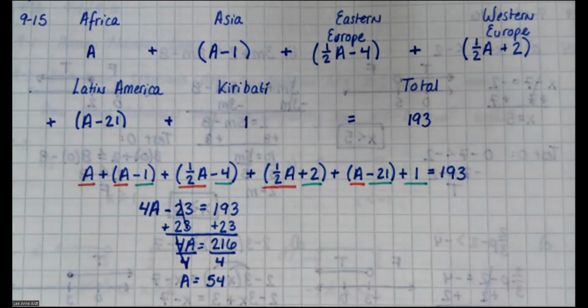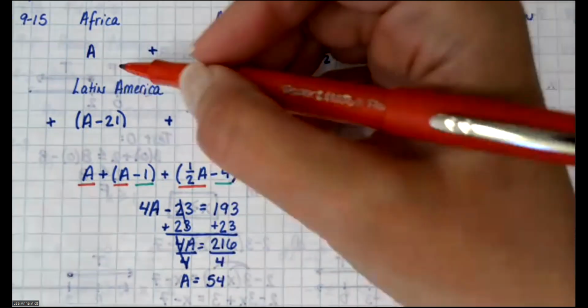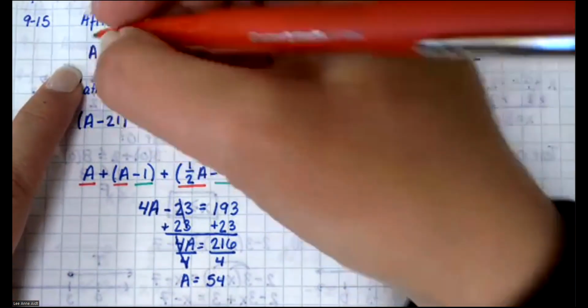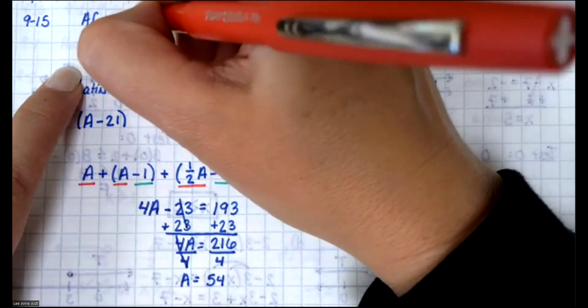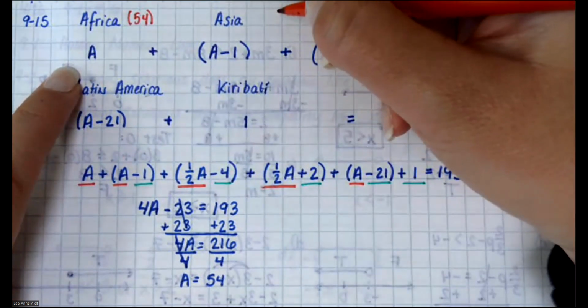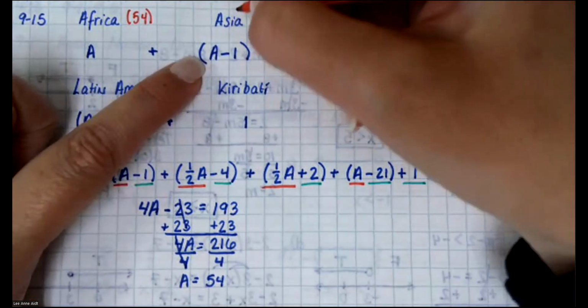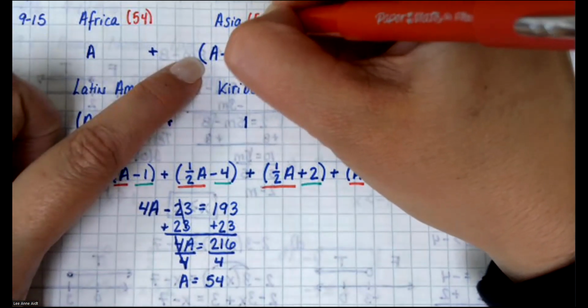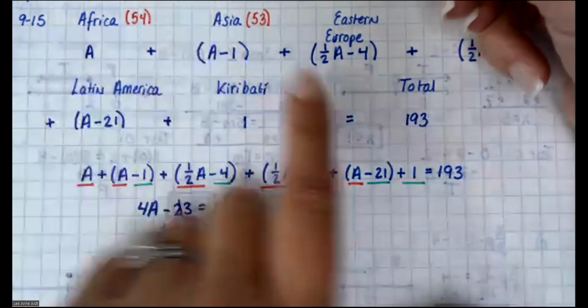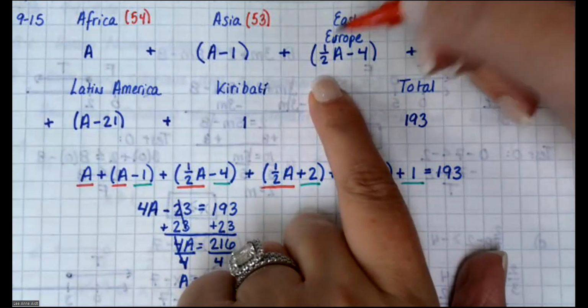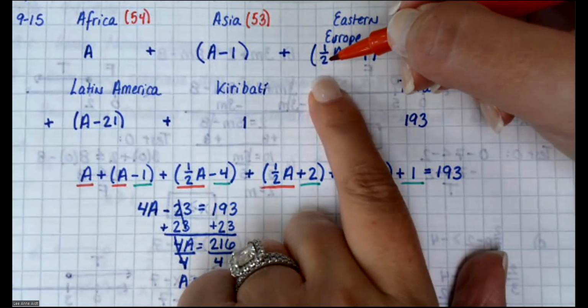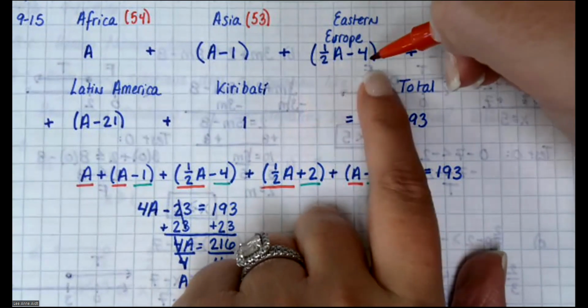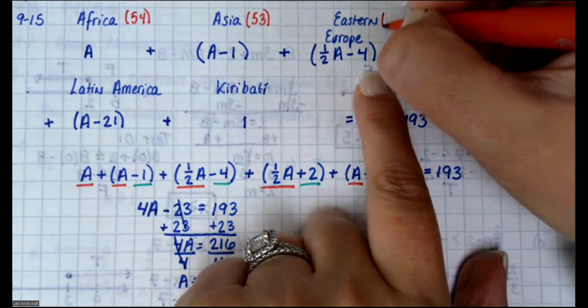Okay, so now I'm gonna go back with my red pen and I'm gonna figure out how many each one has. So Africa has 54. Asia has 53. Does that make sense? Okay, what's half of 54? 27. What's 27 minus 4? 23.